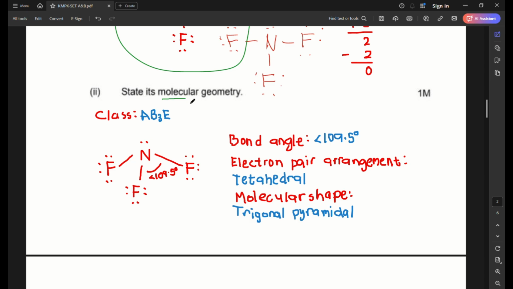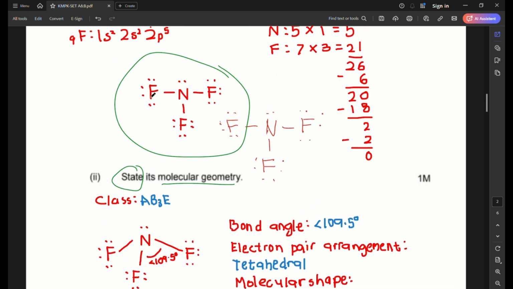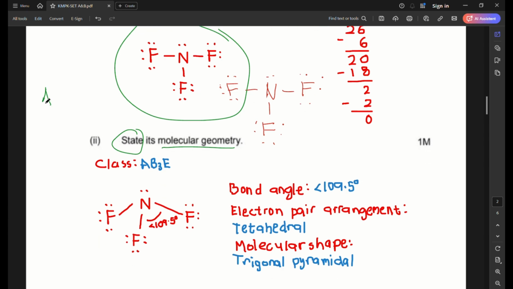Second is state the molecular geometry. Since it says state, that means you have to put in all of the required information. First you need to determine the class. How to determine the class is by looking at the Lewis structure. A represents the central atom, B represents the terminals, and E represents the lone pairs of electrons.